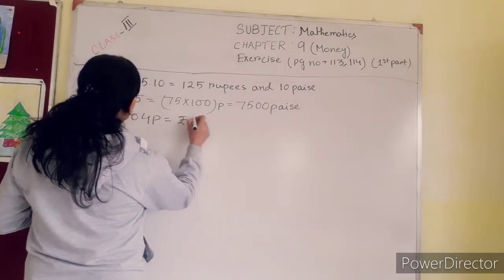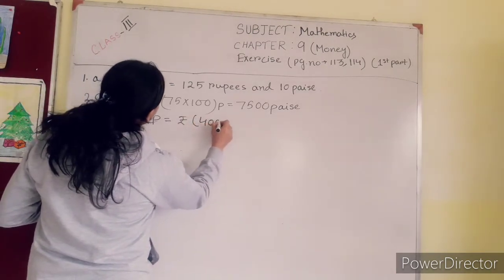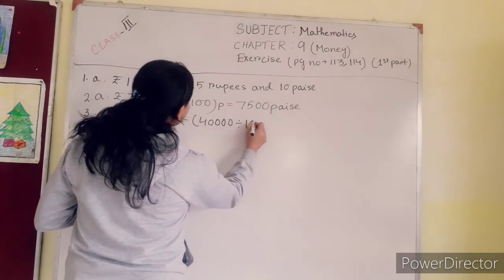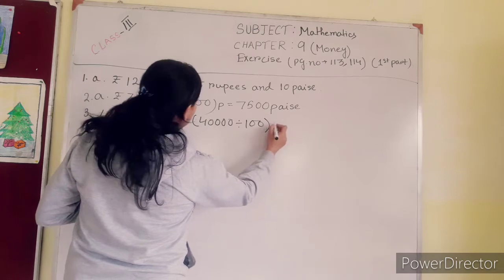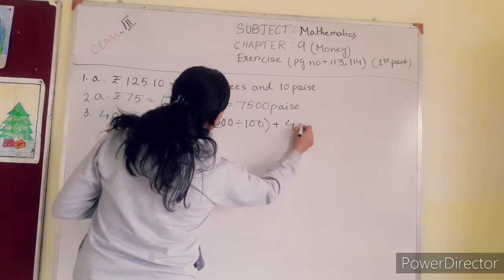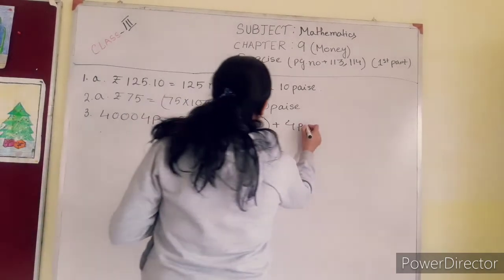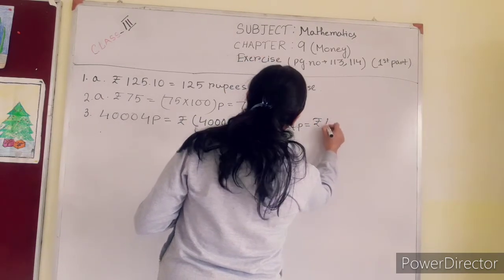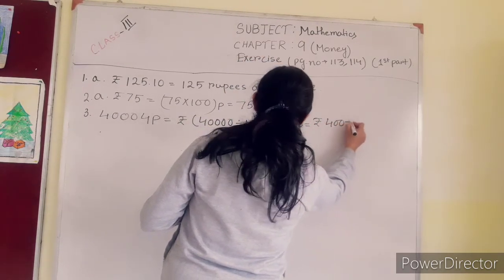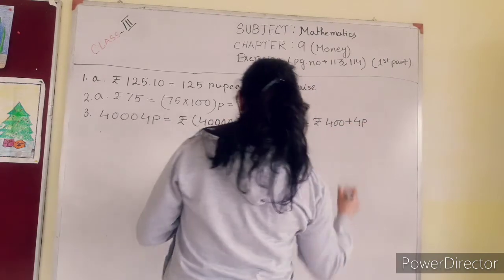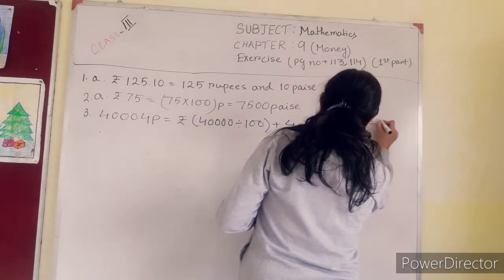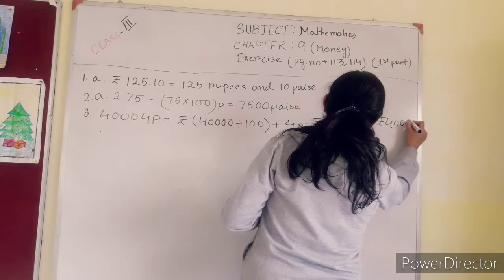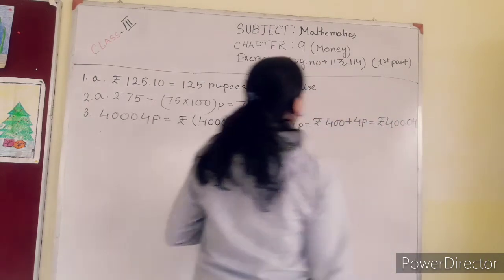So first you put the rupees sign, then 40,000 divided by 100, plus 4 paise, equals rupees 400 plus 4 paise, equals rupees 400.04. Okay.